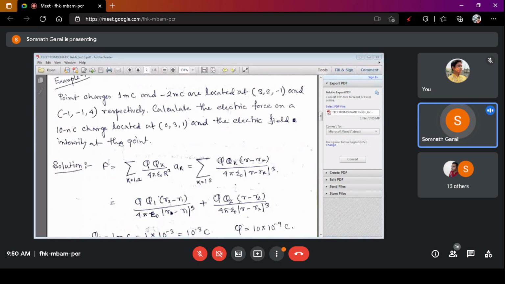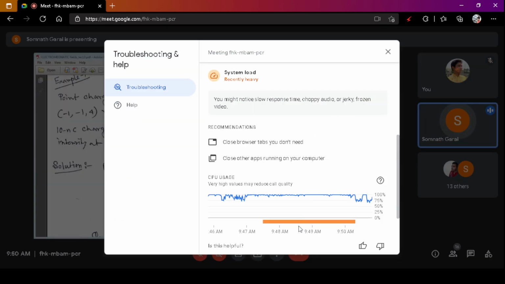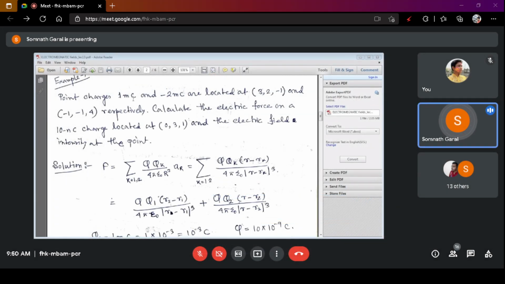The 10 nanocoulomb is common to both, because it is the other point charge with respect to which we calculate the force from 1 microcoulomb and minus 2 microcoulomb.